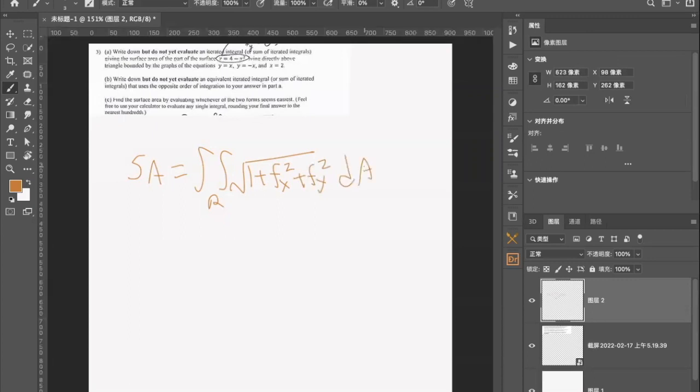So when we talk about surface area, at this point you have a great idea about a solid region lying between a surface and a closed and bounded region R in the xy plane. Now, when we have this region inside the space, besides finding the volume, we also want to know the area of the surface, or we call it surface area.